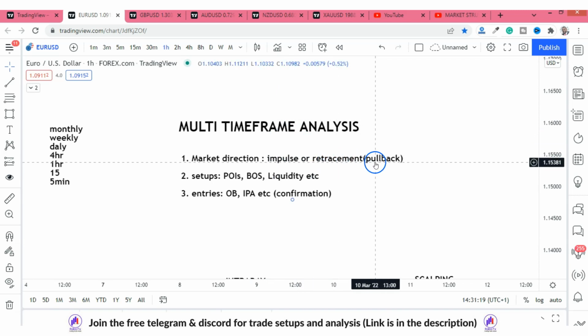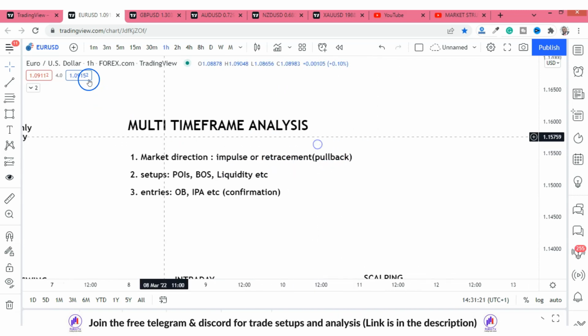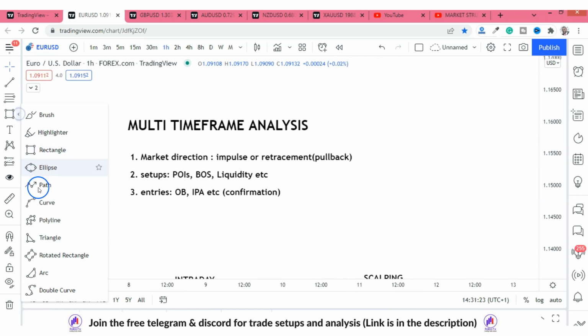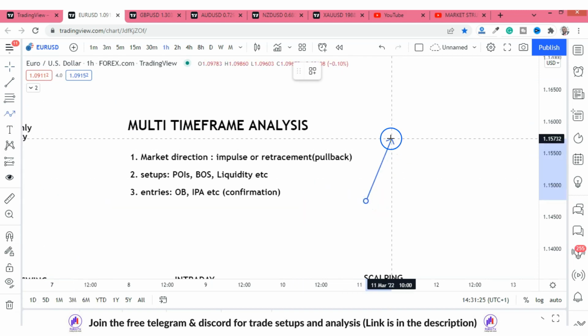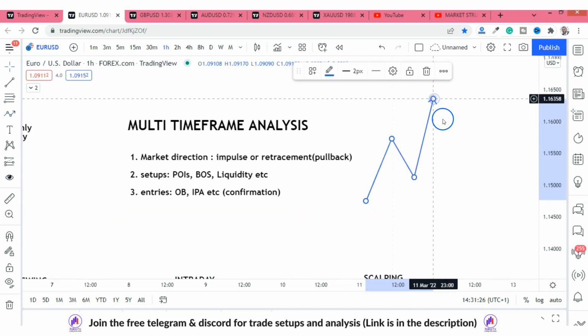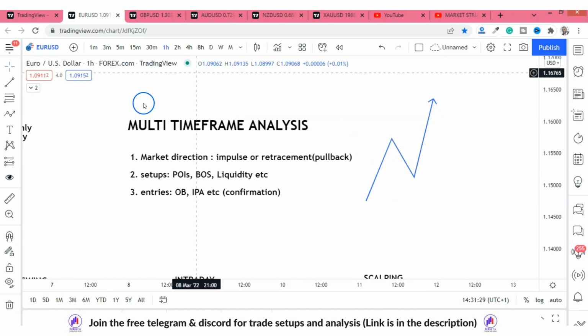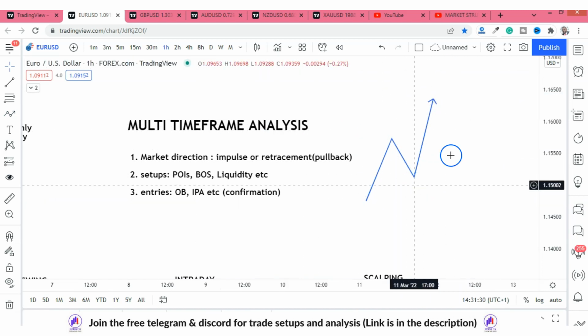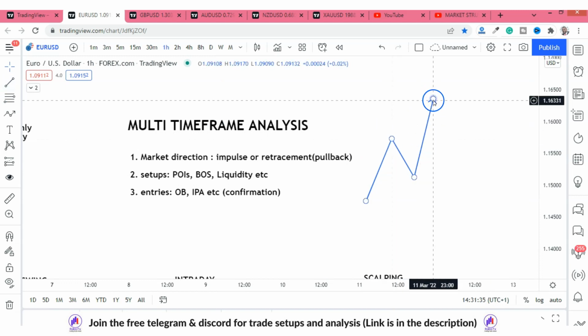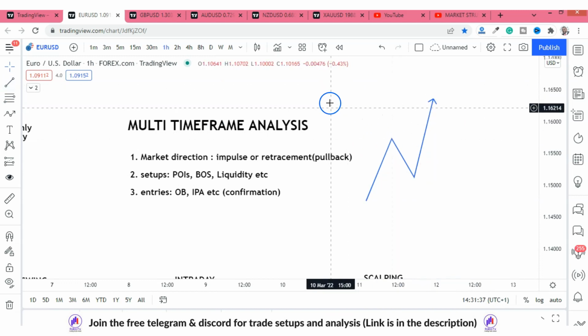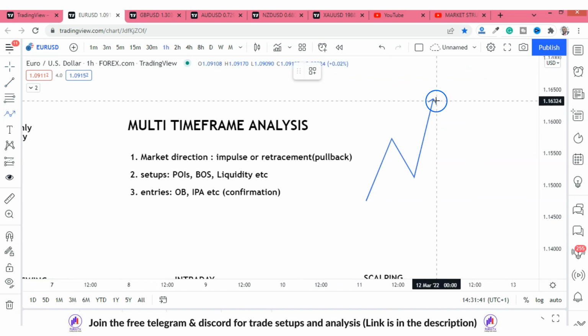Retracement or pullback. For example, if you have this play out, regardless of the time frame, if you come to the monthly time frame and you see something like this plays out, market broke structure and then probably testing a particular point of interest, then you should be anticipating what? A pullback.